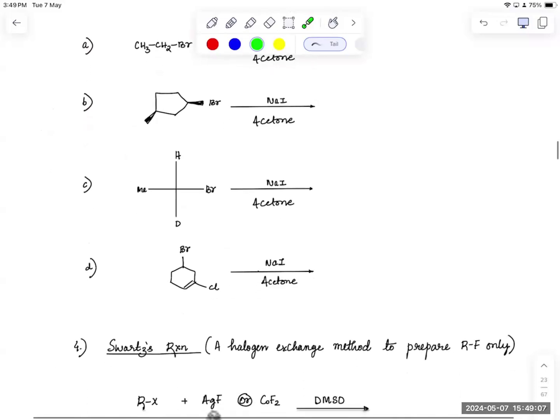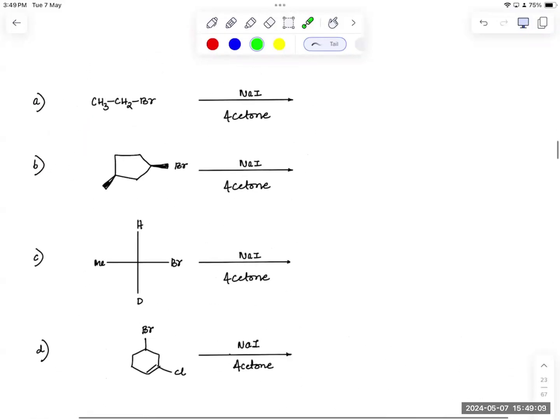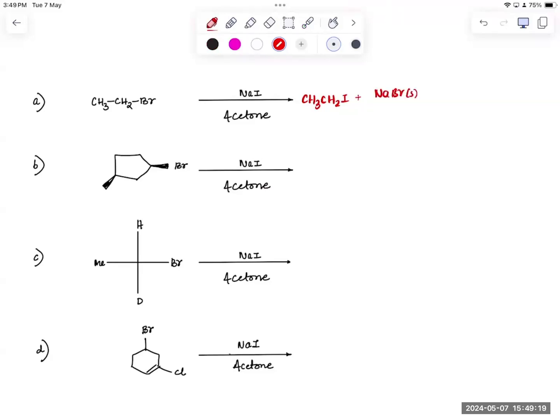Based on that, check out these 4 products. What are the products you can get? So what should we get? CH3CH2I plus NaBr, sparingly soluble. Next, here we can have iodine going inside and methyl remaining here plus NaBr.